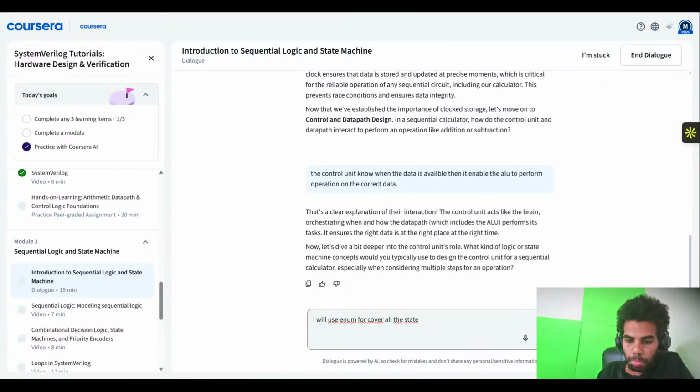For example, receiving data, debouncing, and then start operation and transfer results.